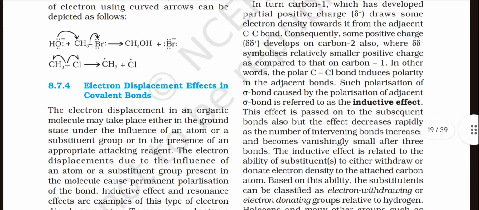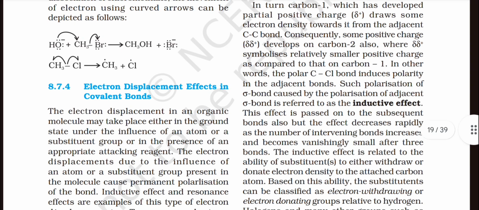In turn, carbon 1, which has developed a partial positive charge, draws some electron density toward it from the adjacent C-C bond. Consequently, some positive charge develops on carbon 2 also, where the symbol denotes a relatively smaller positive charge as compared to that on carbon 1.